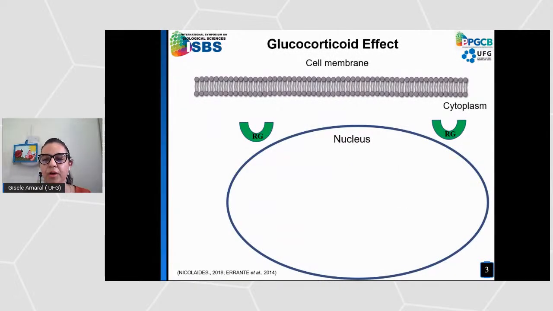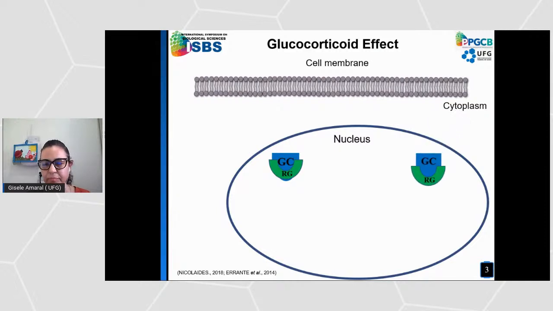The action of the glucocorticoids is directly related to the modulation of gene transcription. Due to their lipophilic nature, glucocorticoids cross the cytoplasmic membrane of the target cell by passive diffusion.